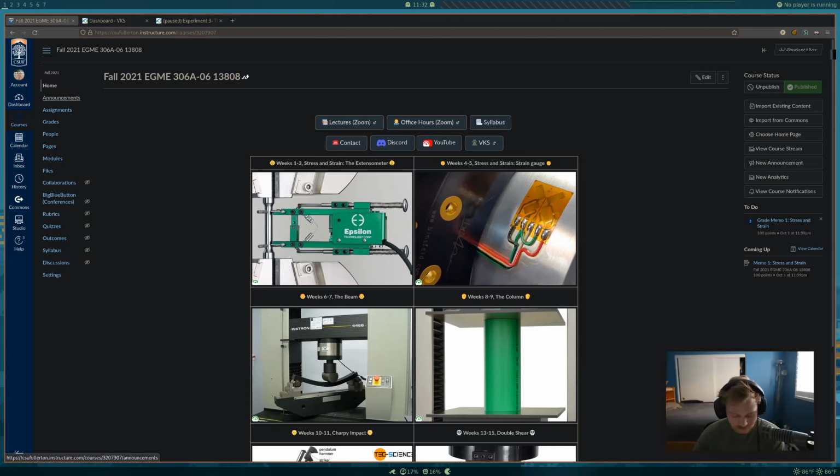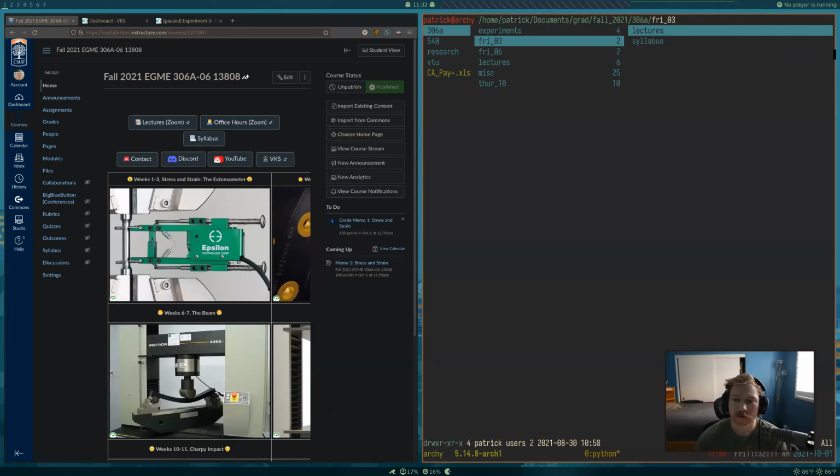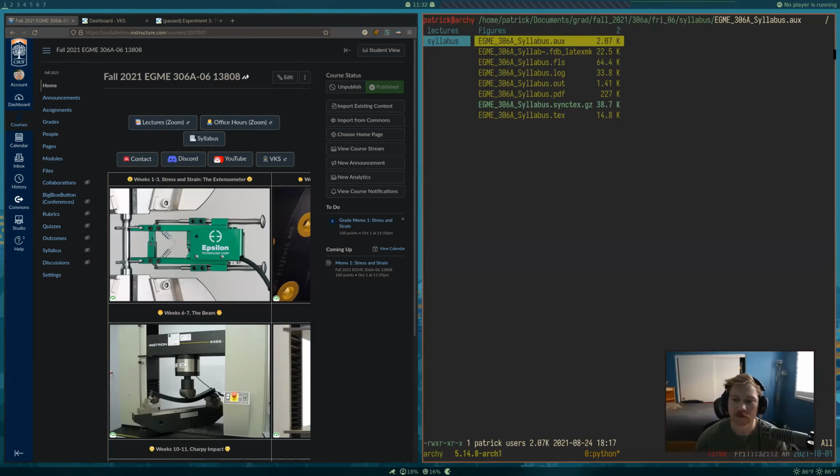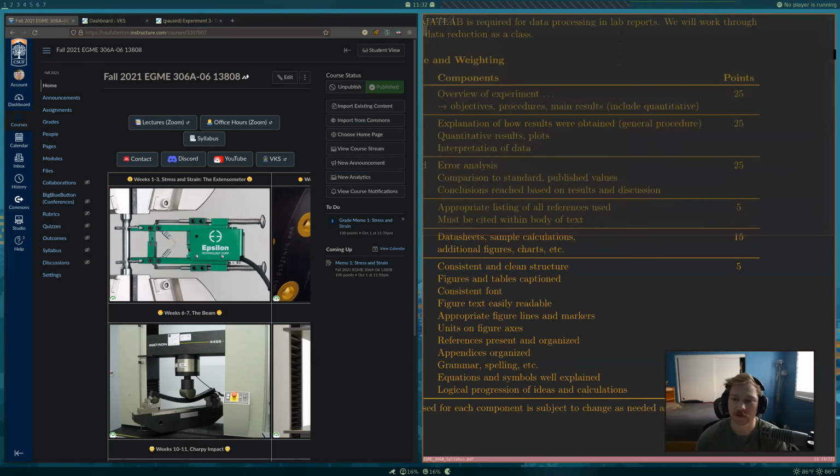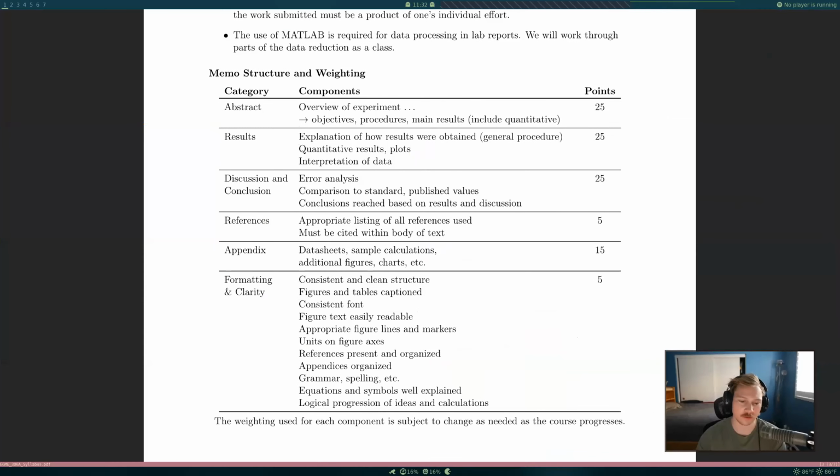And let's see. So I got a few questions on the data sheets that you should include. If you're in the syllabus and you look at the different sections in the appendix, one of the things that you should include is the data sheet.